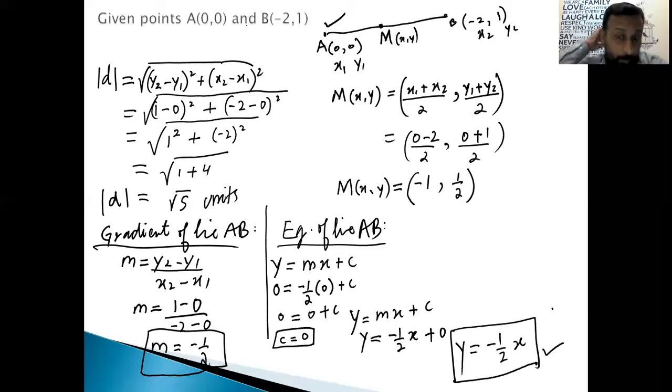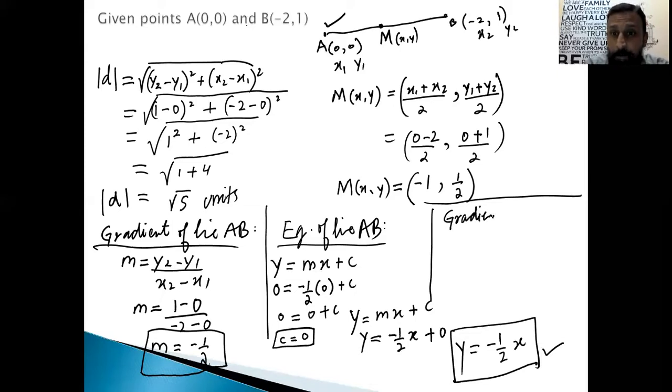All right, dear students, what else can we find? We can find the gradient of a perpendicular line. So boys and girls, what we have learned is that the gradient of the perpendicular line is the negative reciprocal. So what will be the negative reciprocal of minus 1 upon 2?